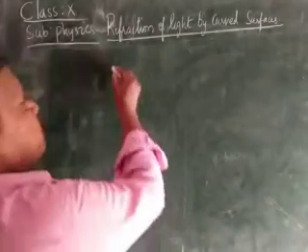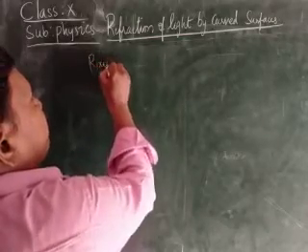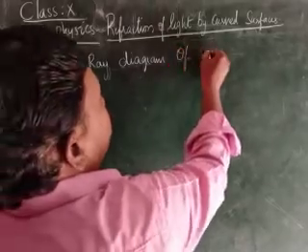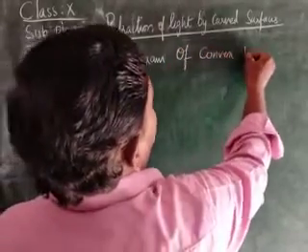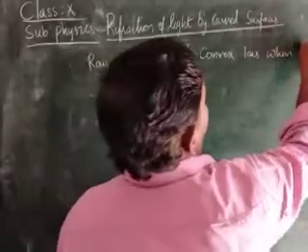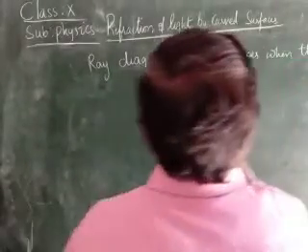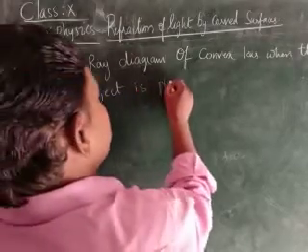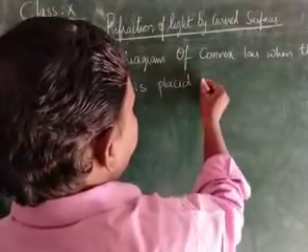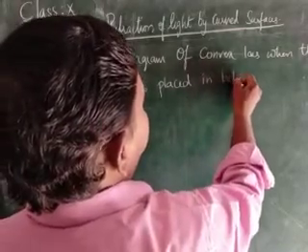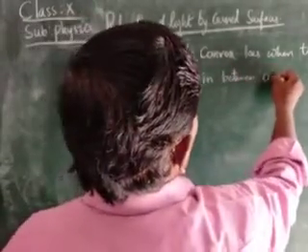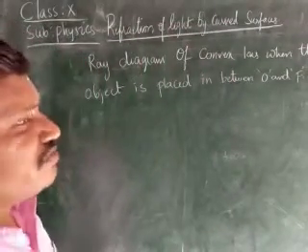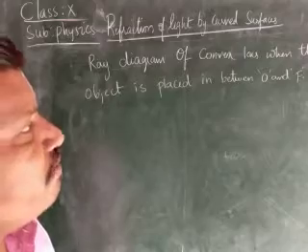Ray diagram of convex lens when the object is placed in between O and F. O is the optic center. In case of mirrors, we have learned that it is P and F. Here O and F.